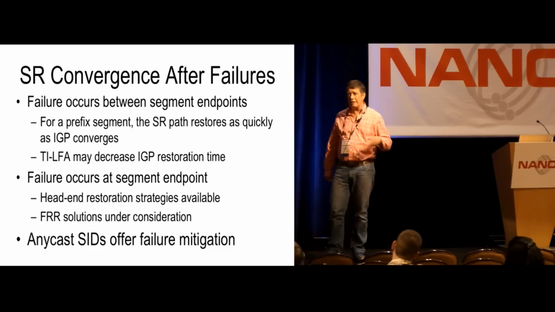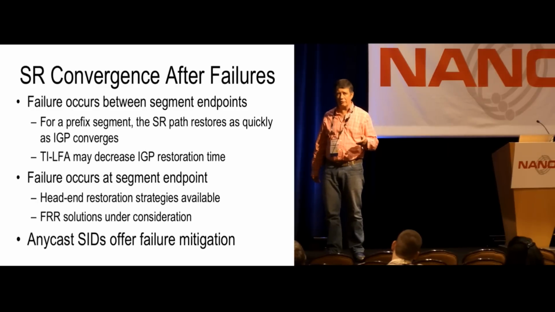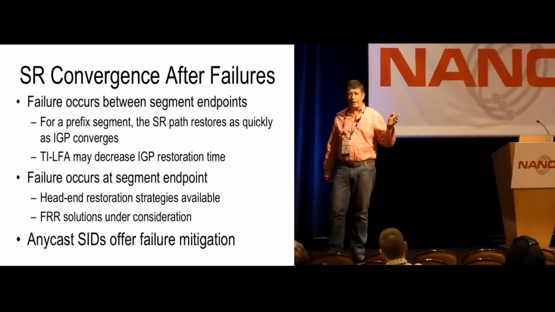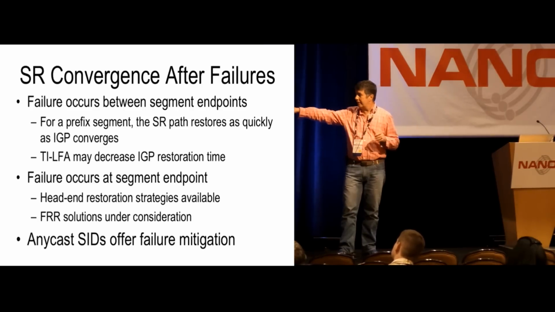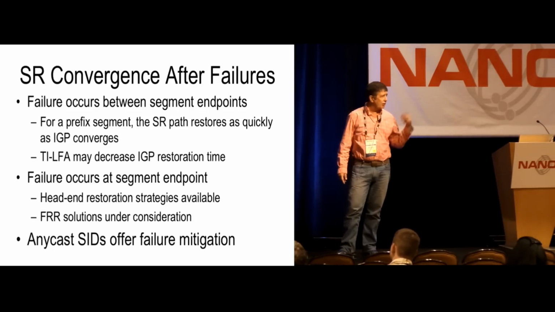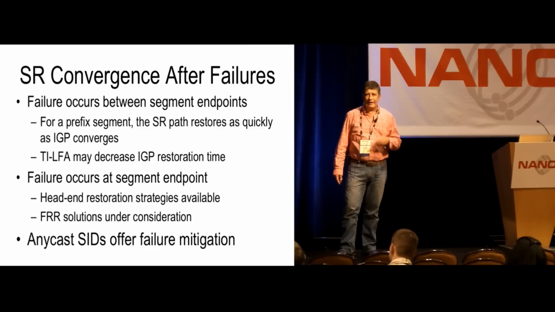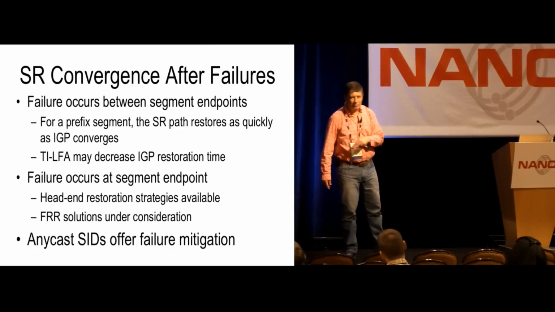Fast reroute possibilities are under consideration, but right now, head-end signaling is the way to fix this kind of failure. One way you can mitigate the effect of this is to use the Anycast SIDs the way we talked about a few slides back. So that way, yeah, the end of the segment is gone, but there's another one just like it waiting to take over.